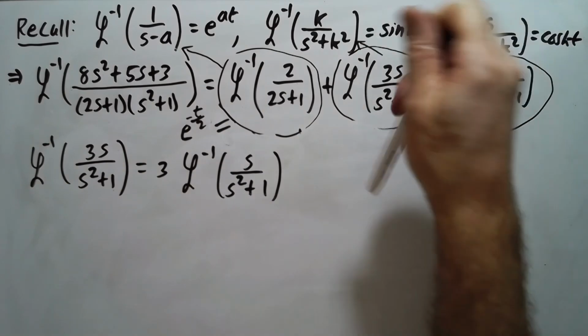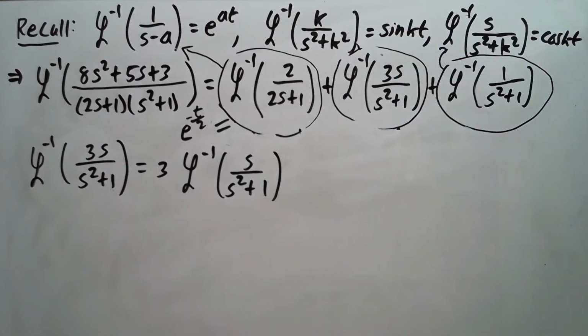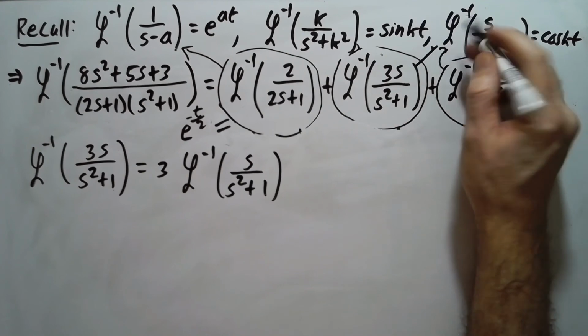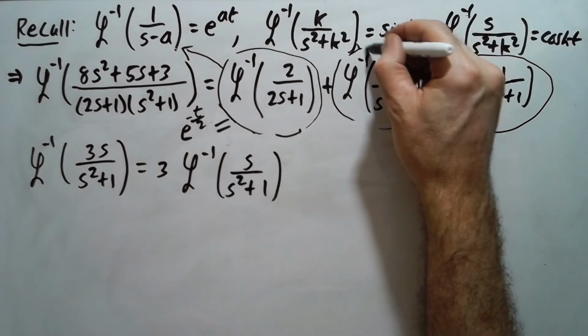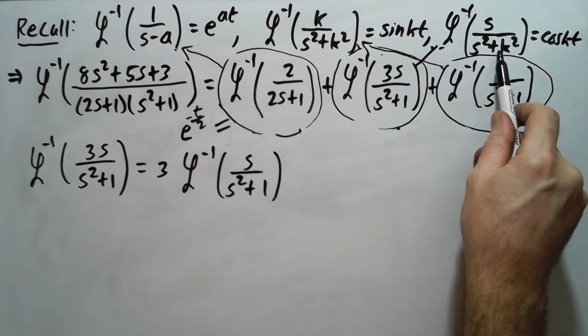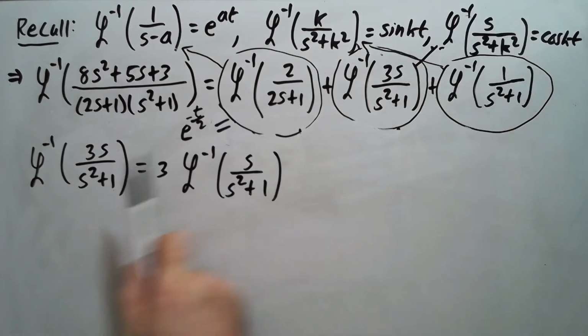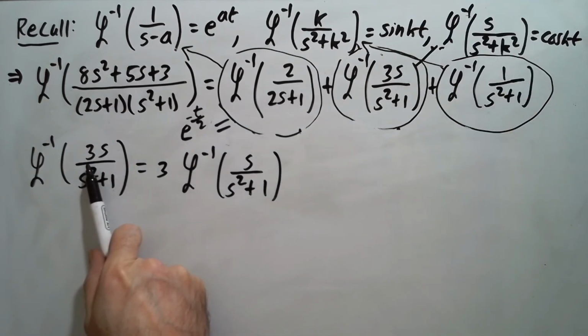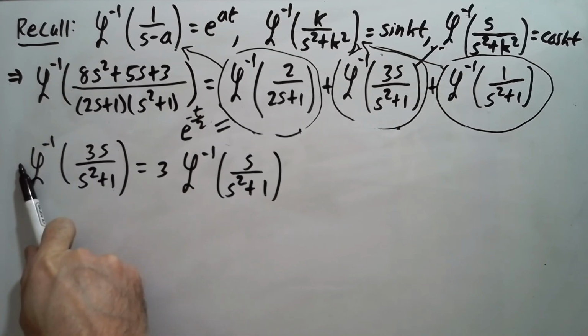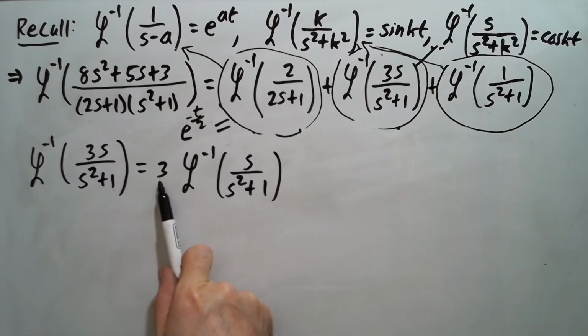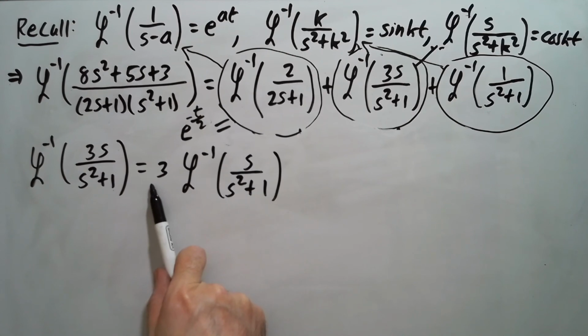I actually got these backwards here. This one should have gone with the one over here, and this one with this one over here. So we'll be using this one over here. It just has an s on top. We have a 3 in here and we need to get rid of the 3. I can just pull the 3 outside the Laplace inverse, like I've done here.